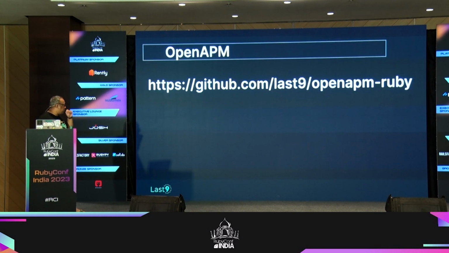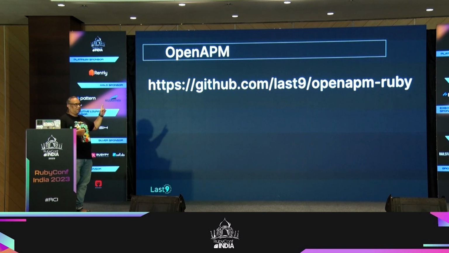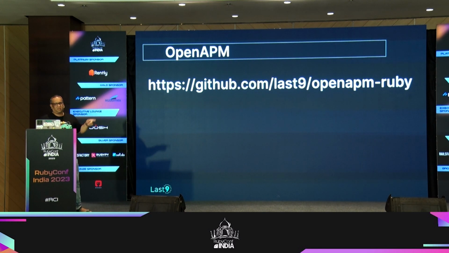Given all of this context, I think we at Last9 have been wondering how we can make OpenAPM or other APMs better by keeping it open. So as of this morning, we released support for OpenAPM Ruby. OpenAPM Ruby is a simple gem that you can install that will auto-instrument your Rack server, your Rack application.